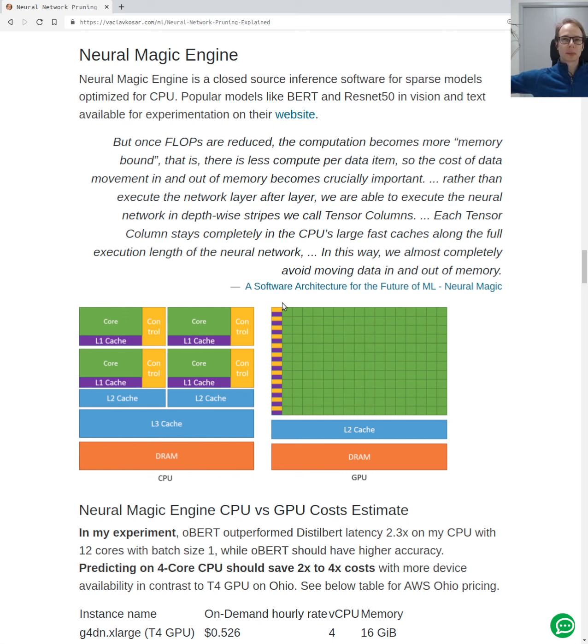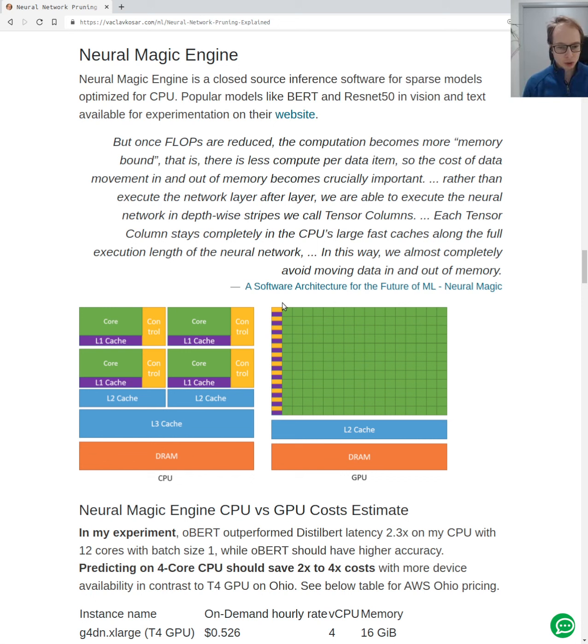Those do only a small calculation, and then you download everything back, and basically you just redistribute again to calculate the next multiplication. On CPU you have fewer cores but bigger caches.